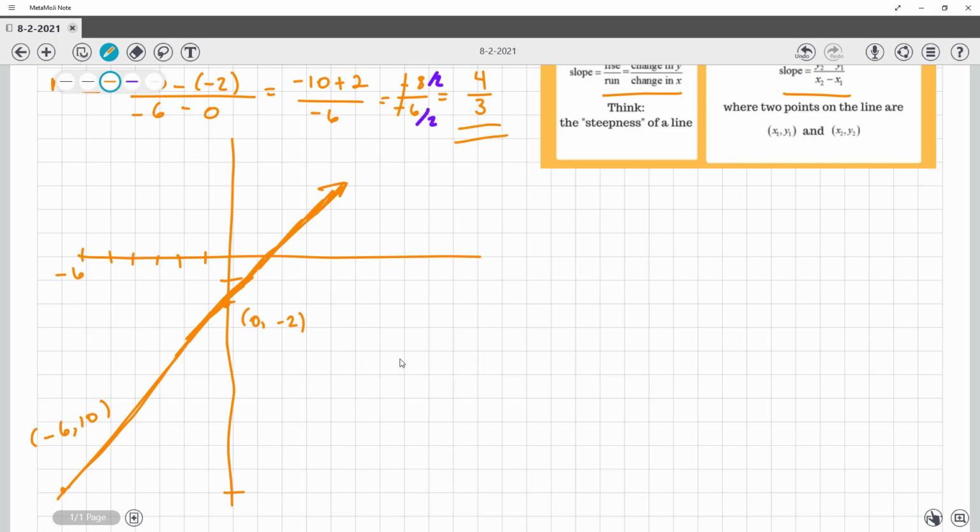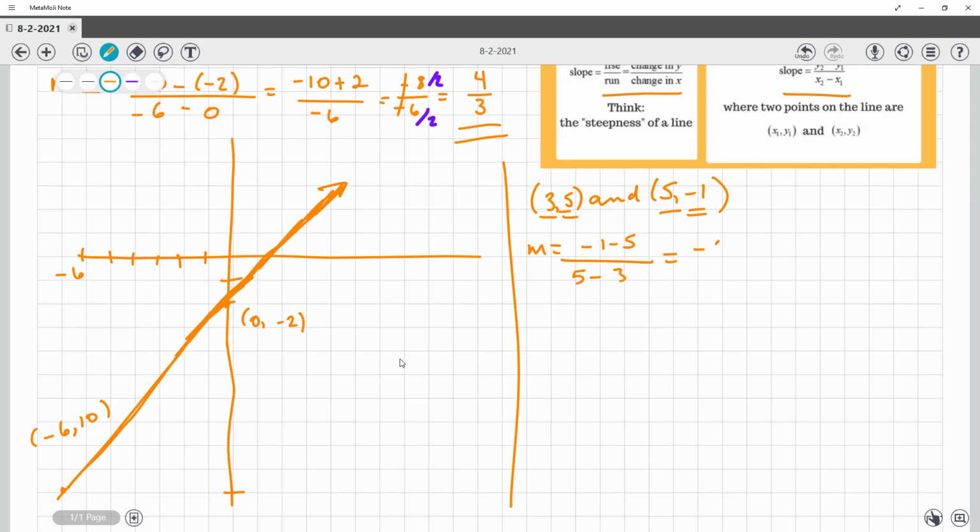I am emphasizing the positive because what if you had the points, let's do another example, (3, 5) and (5, -1). We do the same thing for the slope: -1 minus 5, so that's these values, and then 5 minus 3, so that would be -6 over 2, which would be a slope of -3.